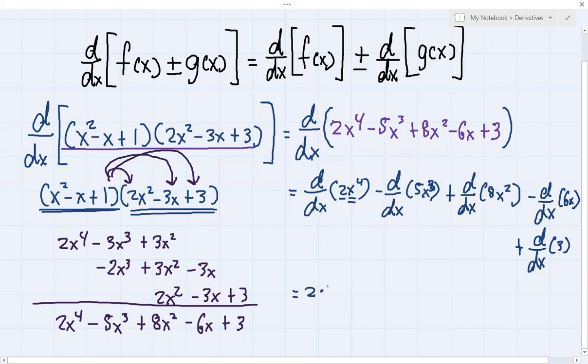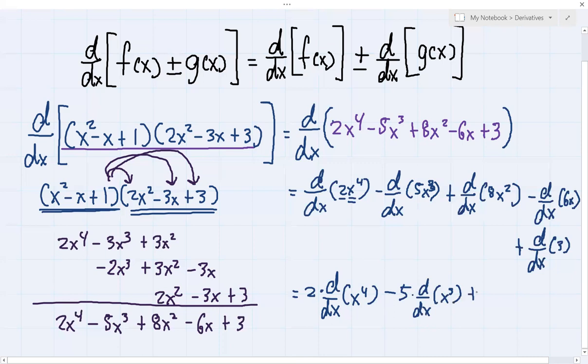So we have a constant, tapos meron tayong algebraic function dito. So ilabas natin si constant at hawakan lang natin yung katabi niya, which is si x raised to 4. Okay? The same thing here on the second term. Okay? Magiging 5 times the derivative of x cubed. Okay?